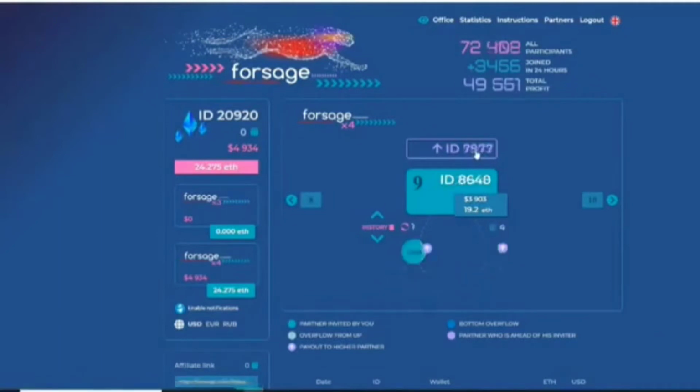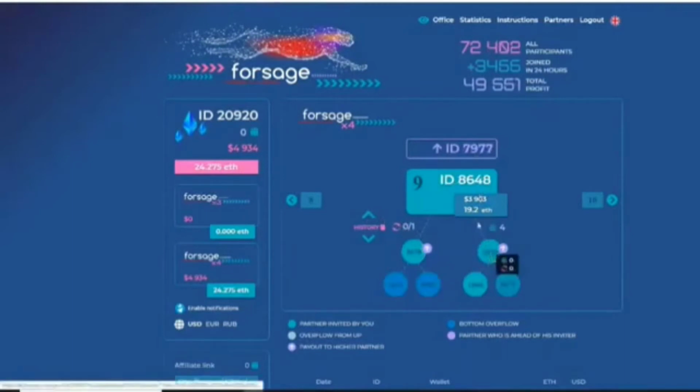You can follow the trail, and you can see right here that 20,920 was in the first spot, and personally referred 8679 and 10668. You can see them as green over here. Okay, they have actually appeared right here in the matrix.